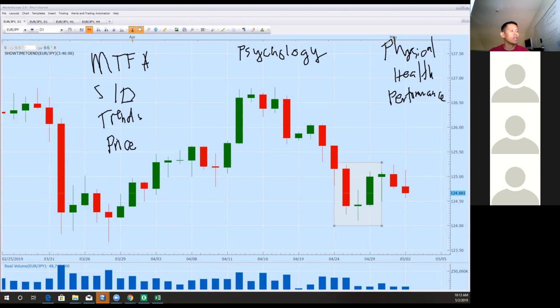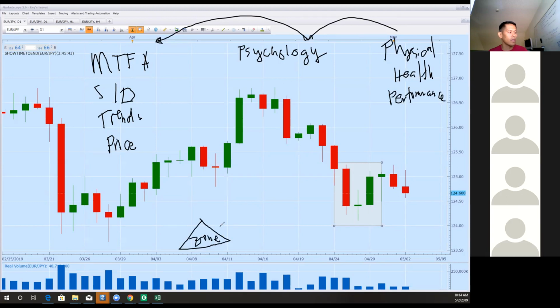So the physical, the mental, and the technical component, these are the three types of conditioning, in my opinion. If you want to make money in the marketplace consistently, all three have to be in alignment. When all three are in alignment, then you are in the zone. So mental, physical, and technical all go hand in hand, right?